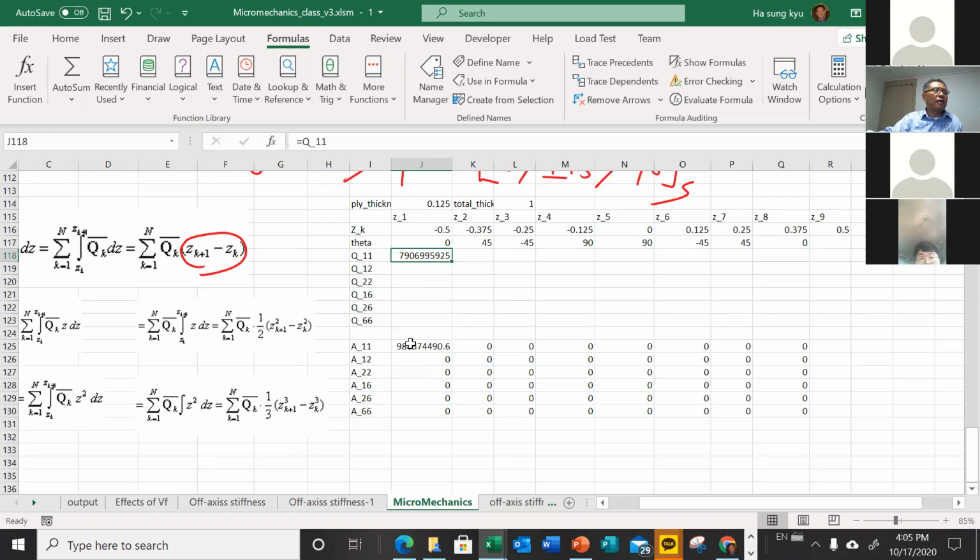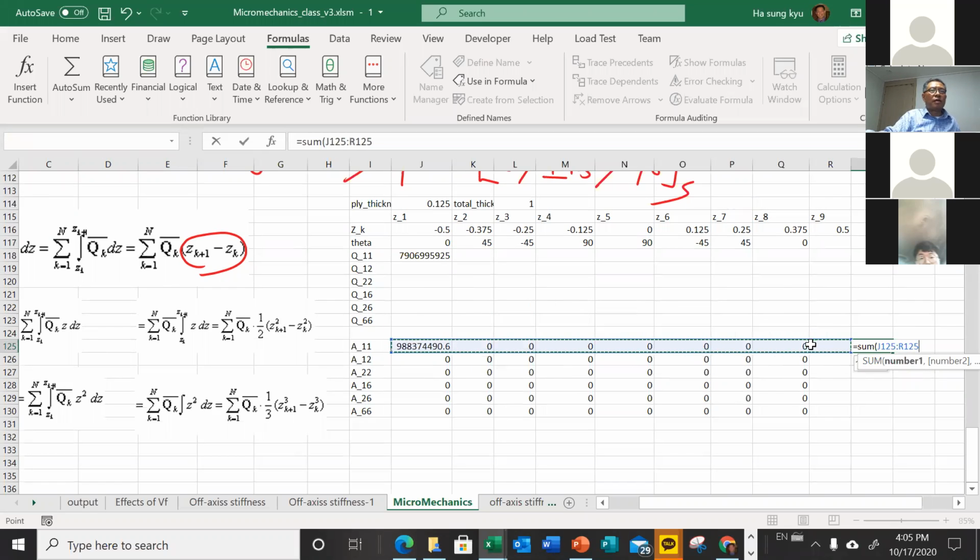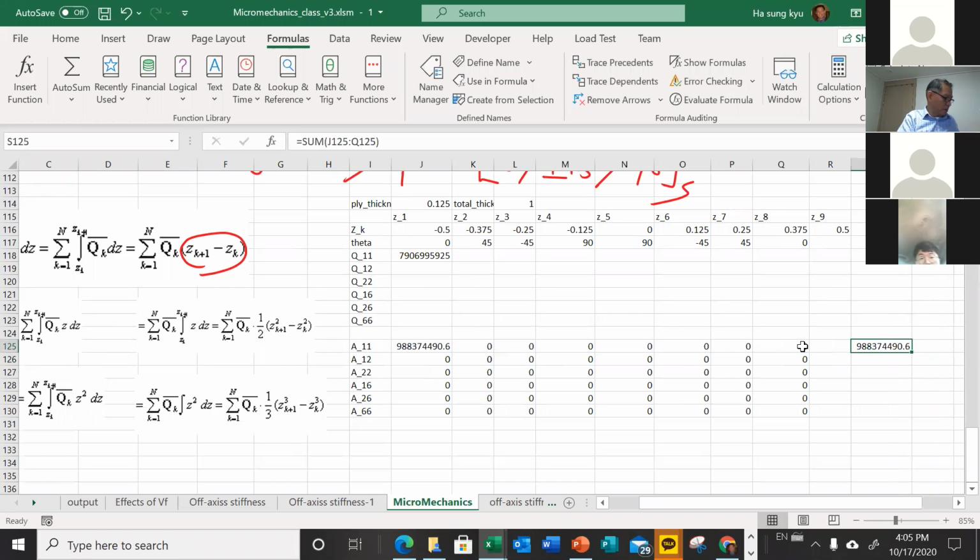Now, finally, what do you need to do? You need to summate. You need to sum all these terms, which will give us the ABD matrix. So that is finally the ABD matrix.